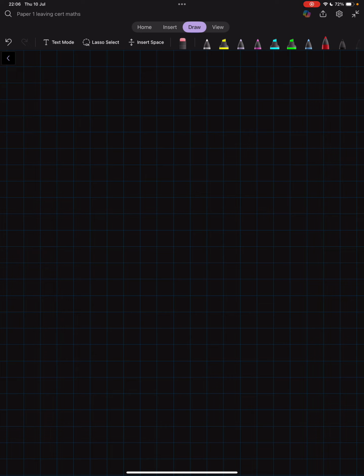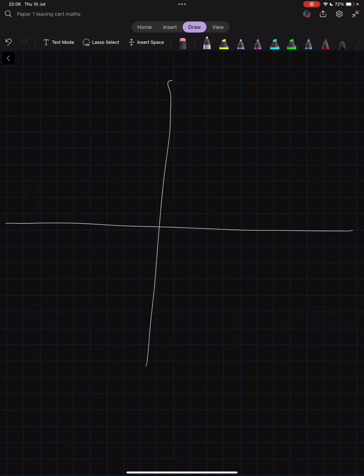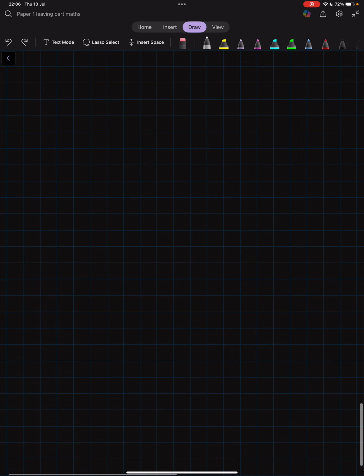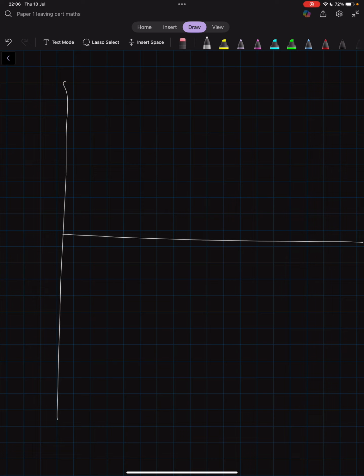So I might just do the logs, and then I think I might leave it at that. So a log graph again. Logs typically only live on the right hand side. So I can just do this instead, just to make it a bit easier to draw. So if I did this, say that was log to the base 2 of x.